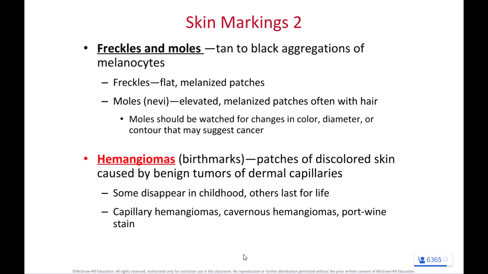And then finally, we have a birthmark, also known as a hemangioma. The difference between a birthmark and a mole or a freckle is typically going to be the pigmentation. These hemangiomas are going to be red in coloration, and they're caused by excess growth of capillaries near the surface. And they can have two-dimensional or three-dimensional growth of these excess capillaries.